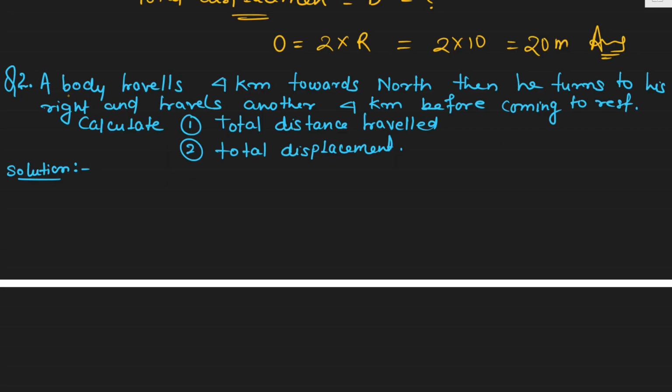So here is the next example. A body travels 4 kilometers towards north, then he turns to his right and travels another 4 kilometers before coming to rest. Calculate total distance traveled and total displacement.